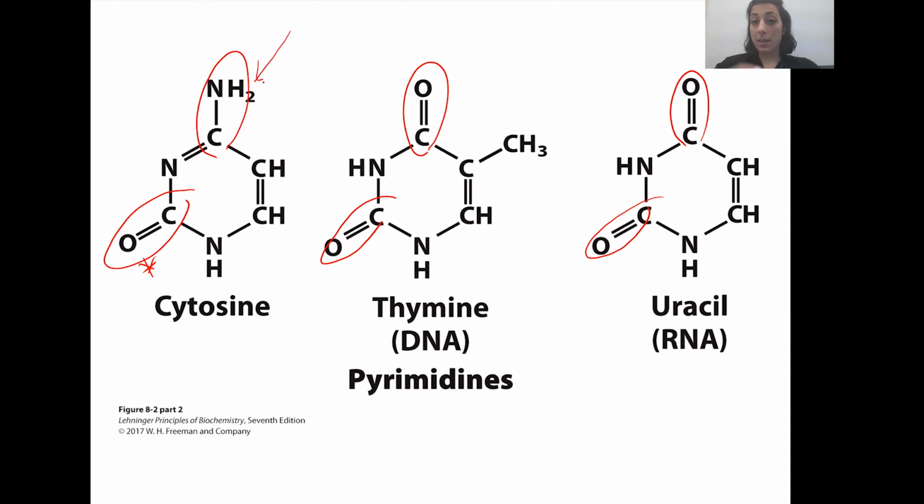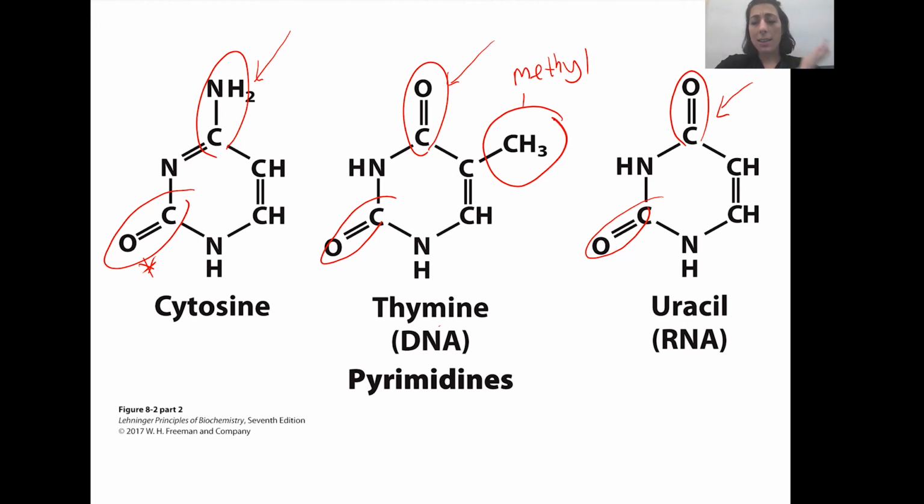Cytosine has an amine here. Thymine has a carbonyl, and uracil also has a carbonyl. So you'll see now that thymine and uracil, from what I have circled, look identical. And the only distinguishing factor between thymine and uracil is actually this methyl group here. So this methyl group is what distinguishes thymine in DNA from uracil in RNA.